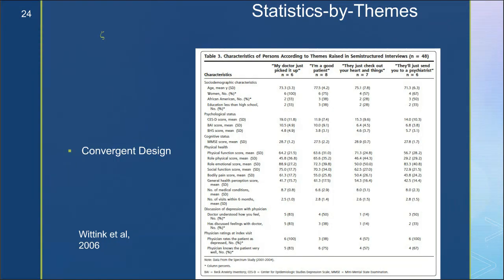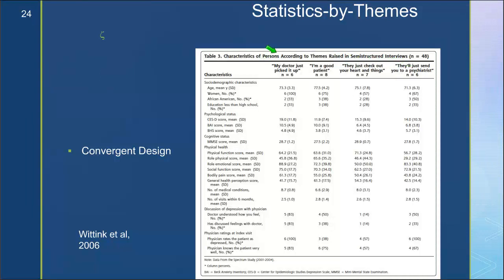So here's a joint display that at this point is 10 years old. I think it was definitely ahead of its time when it was published. But this is just rotated a little bit differently from the template that I showed you. But here they have it arrayed by qualitative themes. So my doctor just picked it up. I'm a good patient. They'll just check out your heart and things.